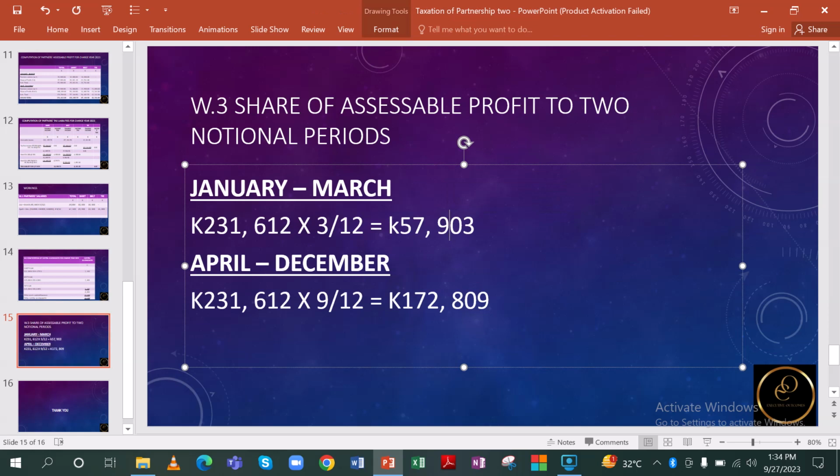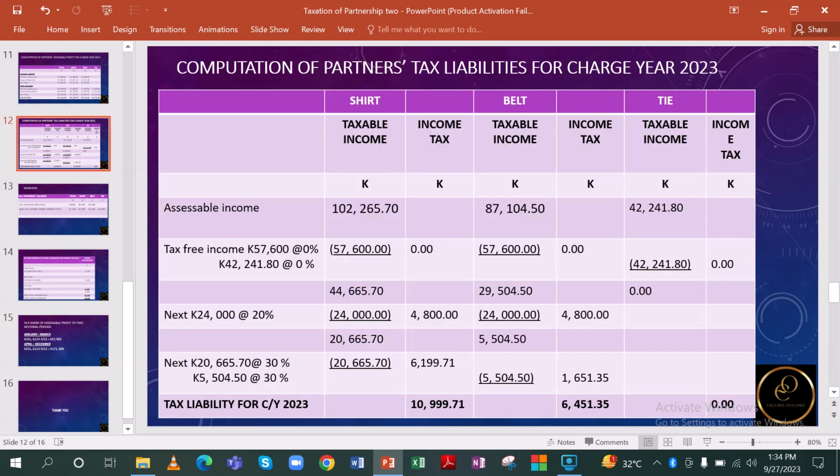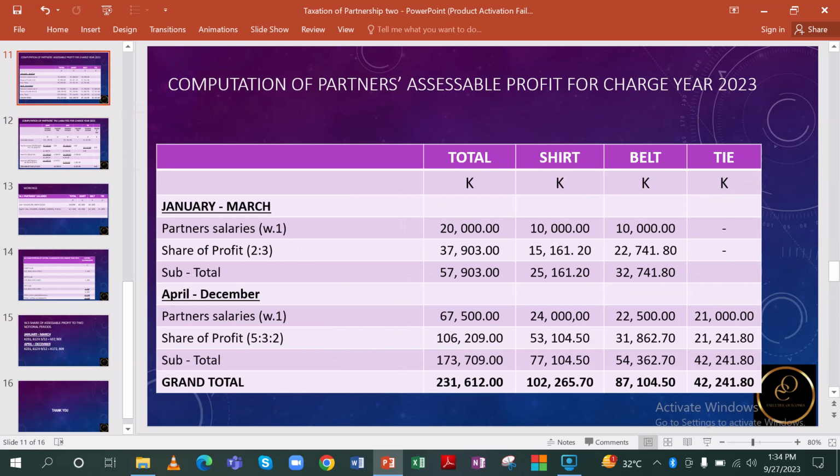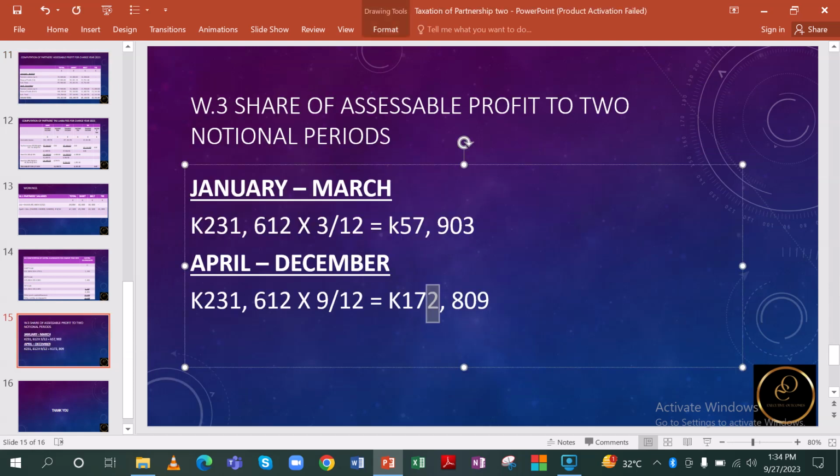That is what's supposed to reflect there. And then for the second notional period, it will show a figure of 173,909.